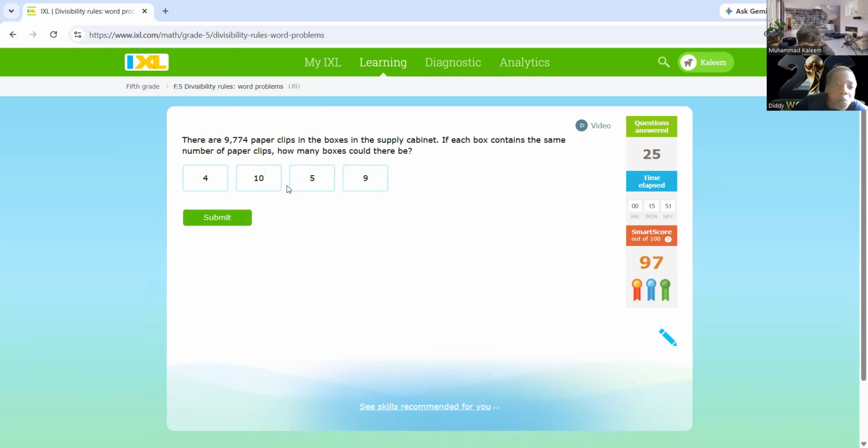Not 5, not 10. We have to check for 4 and 9. It is not divisible by 5. It is not divisible by 10. So either it's divisible by 4 or 9. For 9, we have to add them all.